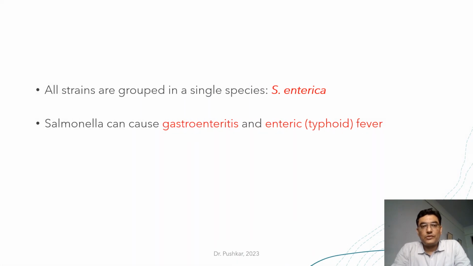So all these strains are grouped in a single species, Salmonella enterica. And this Salmonella enterica can cause two very important diseases. First is gastroenteritis, and second is enteric fever or typhoid. So we will understand these.